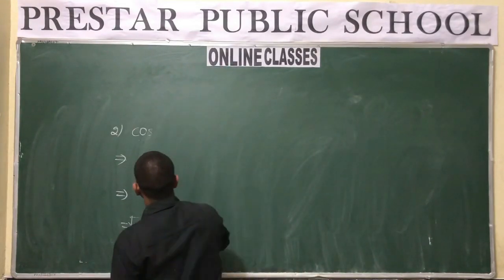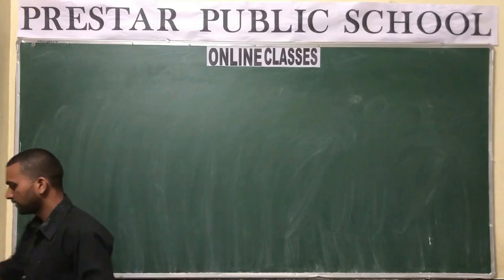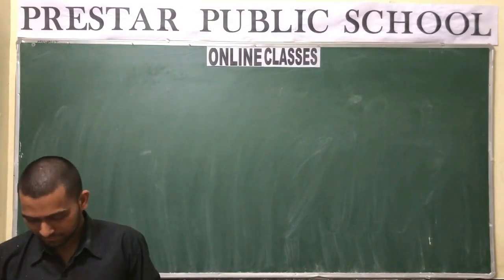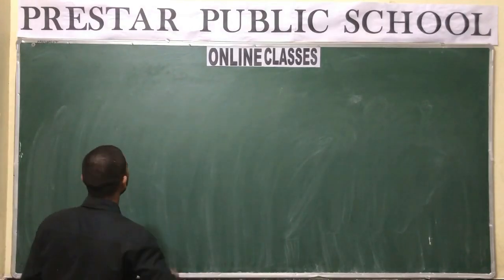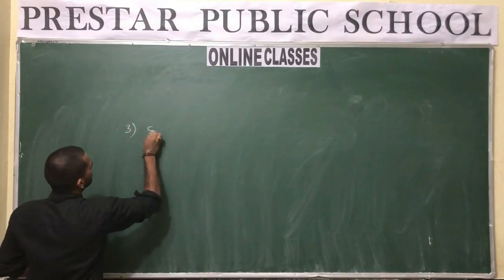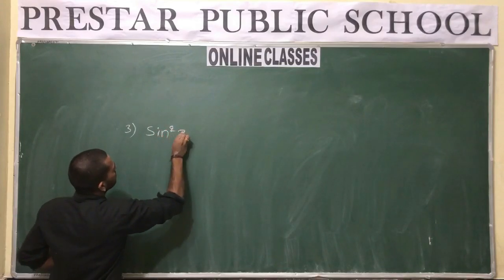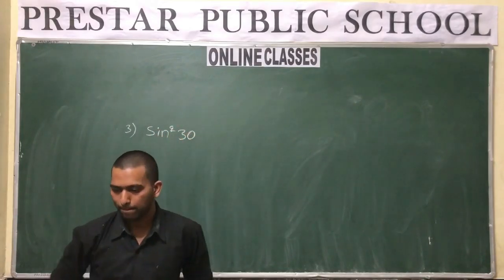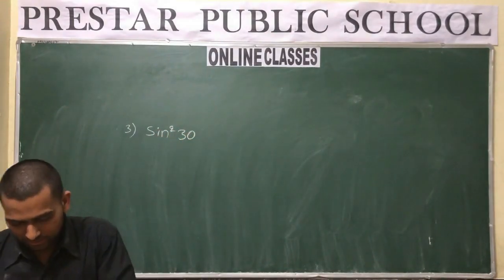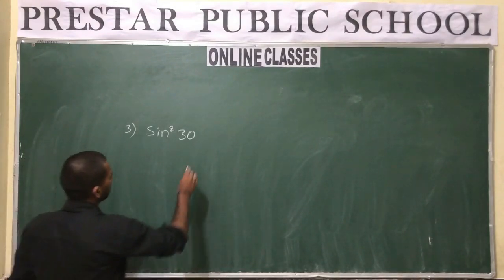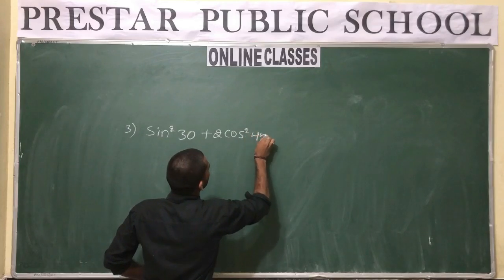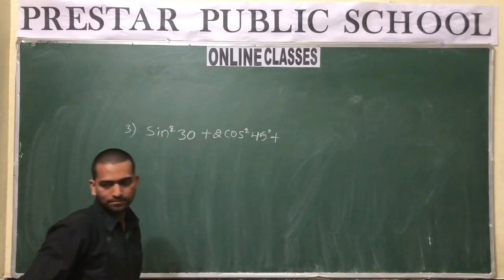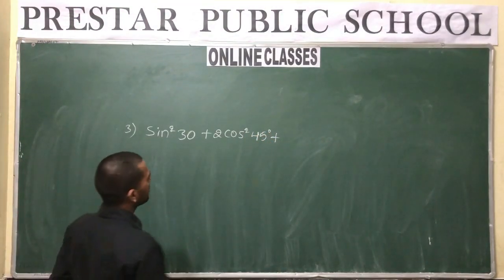Okay, next, now I will give you one more problem like this. Try to solve it. Sin square 30 plus 2 cos square 45 plus 3 tan square 60.